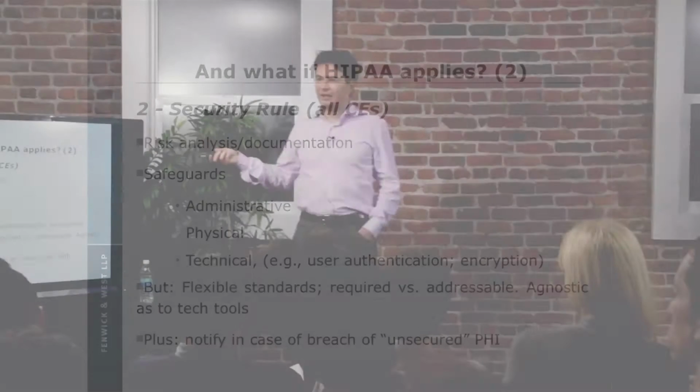The good thing about HIPAA, if you're looking for provisions requiring a particular company to adopt a particular type of technology, you're not going to find it there. The rationale under the HIPAA security rule is more about providing flexible standards and leaving it up to the covered entity to determine what makes sense or what doesn't make sense.